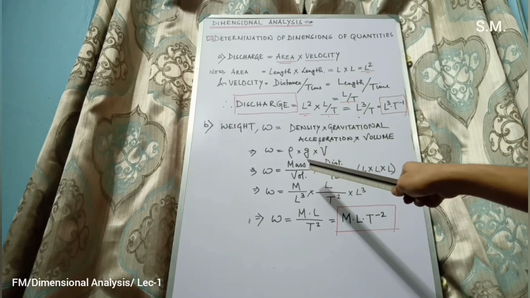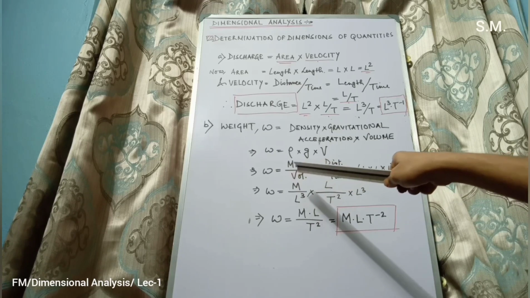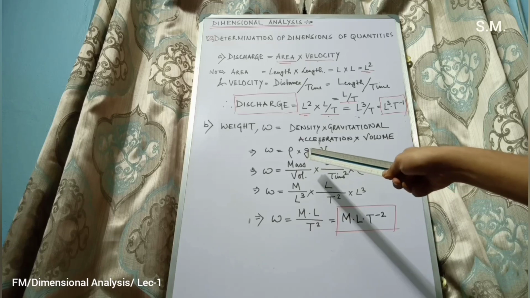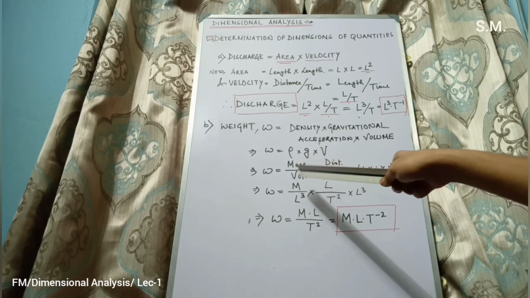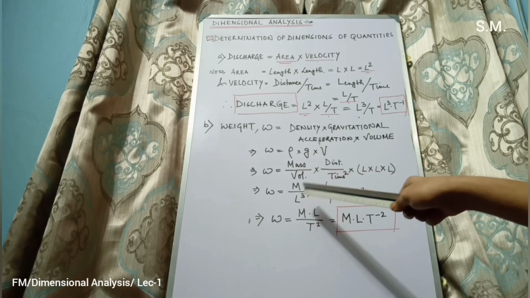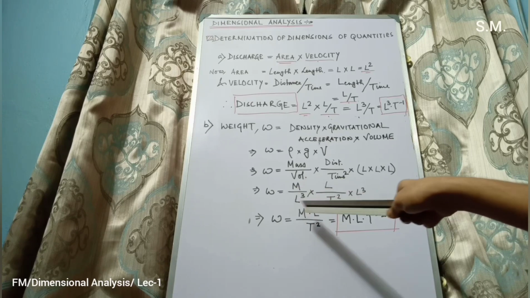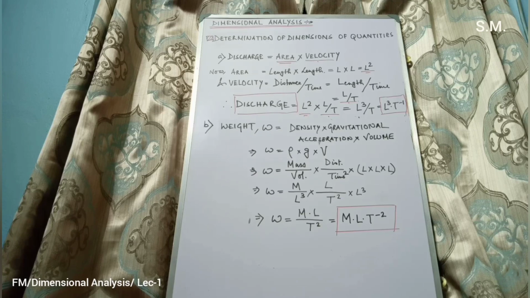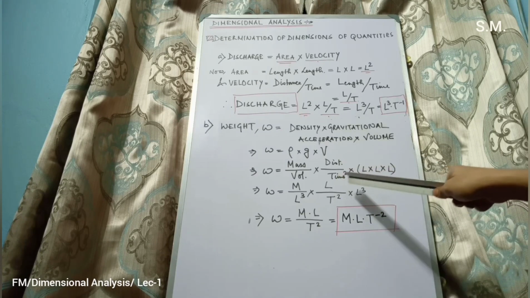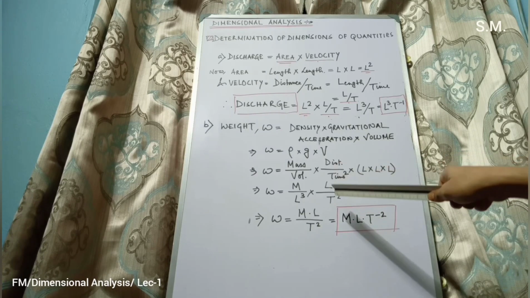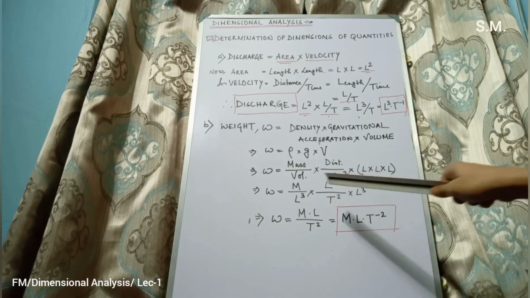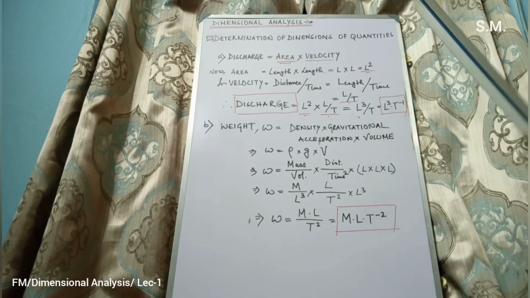So in this case, mass is a fundamental dimension, so M, and volume is L cube, L into L into L. Distance is a linear dimension, so we write L. Time is also a fundamental dimension, so we write T square, and this is also volume, so we write L cube.